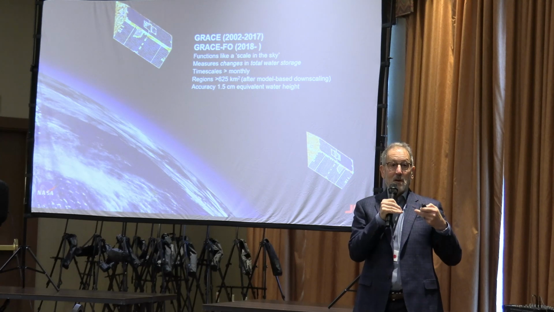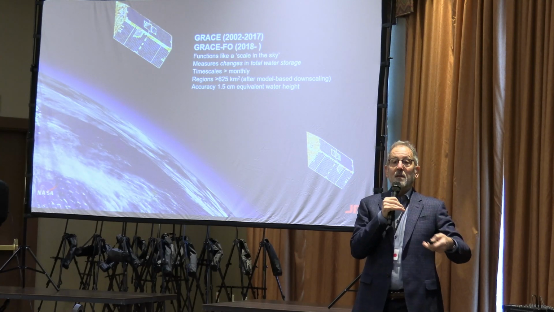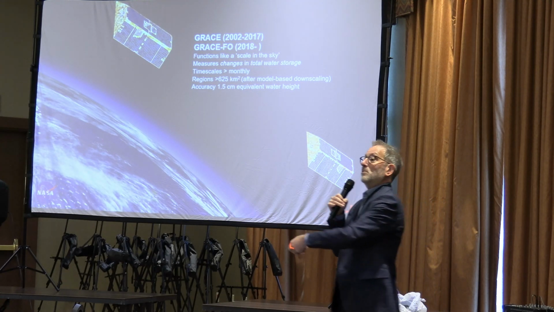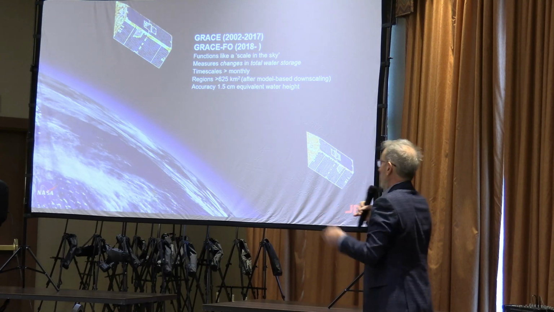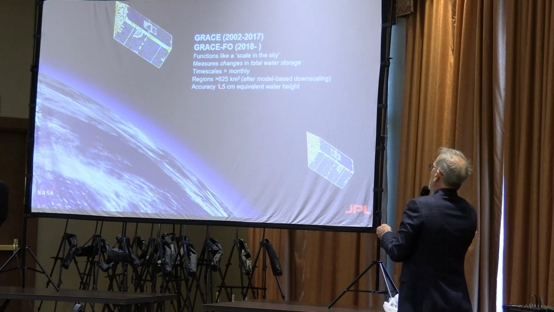If we want to pull out the groundwater, then we need other data on the snow and the surface water and the soil moisture to remove it from the GRACE signal. We work well at monthly timescales, and we're down to 25-kilometer resolution, but that is after what we call model-based downscaling.